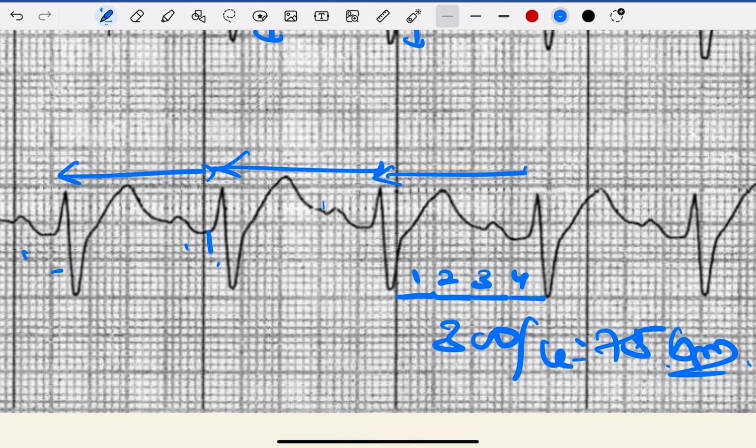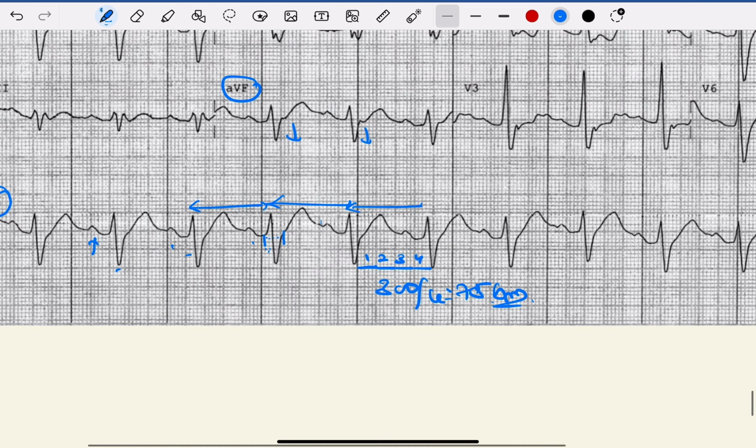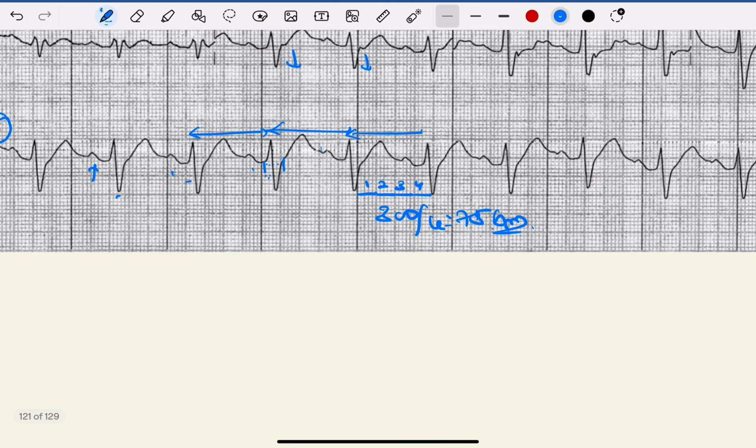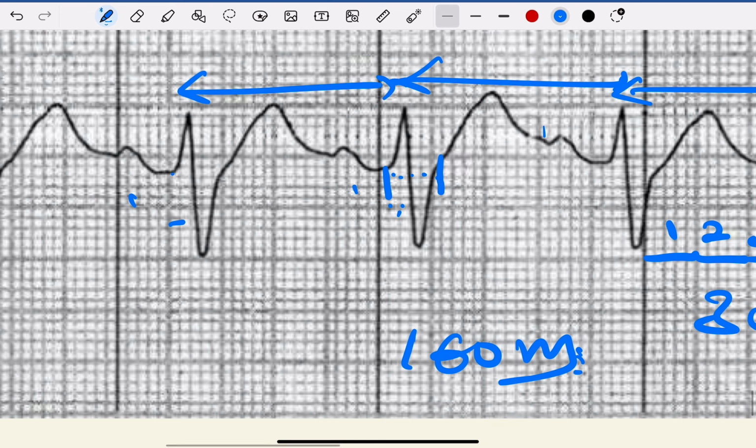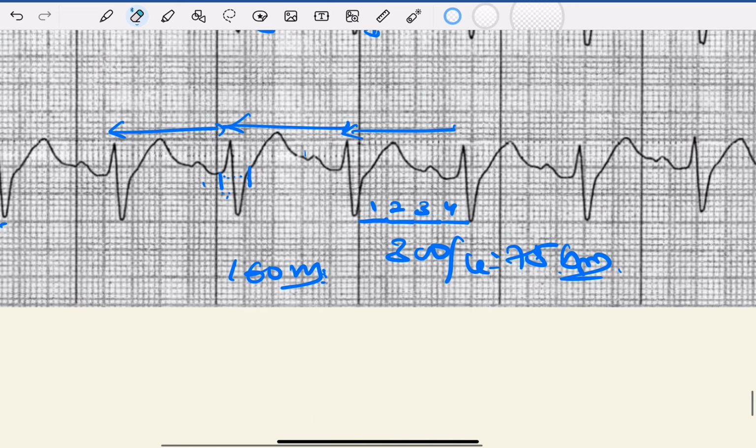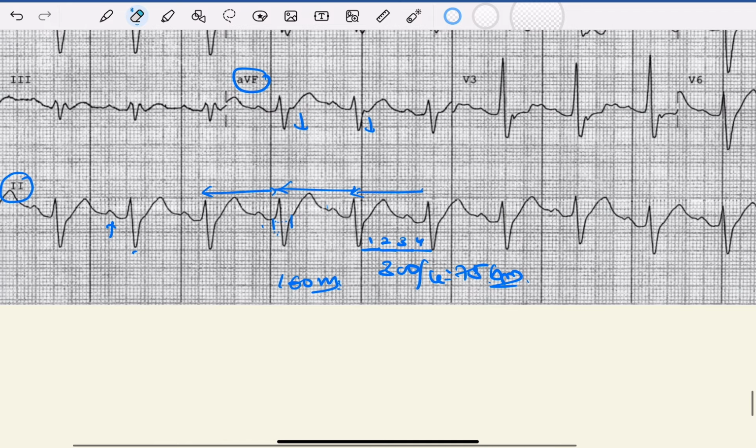If you calculate from here to here, 1, 2, 3, 4, 5 small boxes would mean 200 milliseconds, but if you calculate properly, it comes around 160 milliseconds. Let's take it as 160 only.